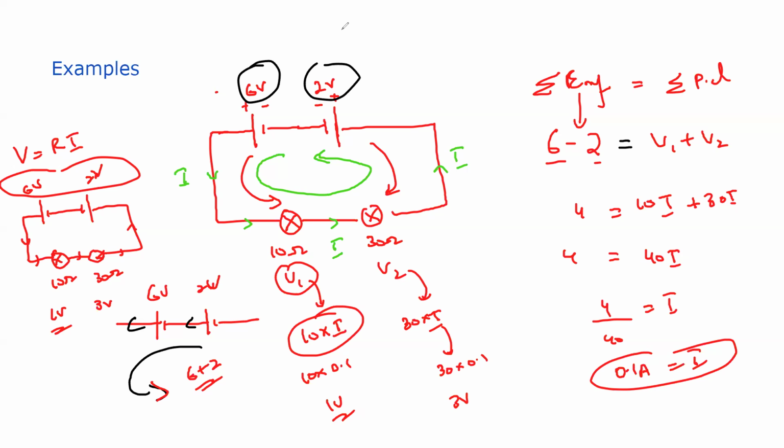Another example. The previous one was a very simple loop, with only one loop and no multiple branches in the circuit. What if we have the same example, but now we change the direction of the supplies?